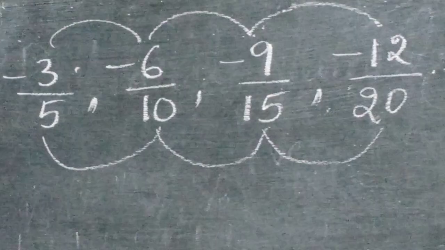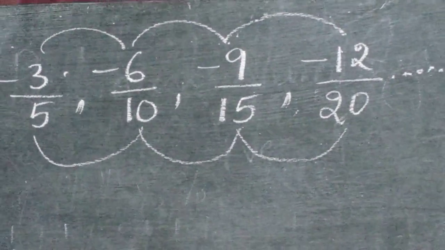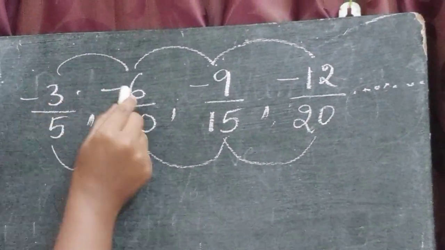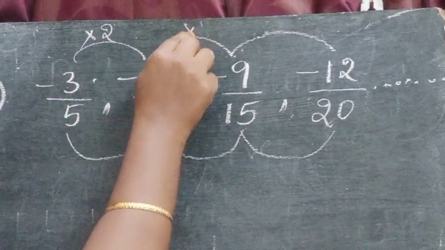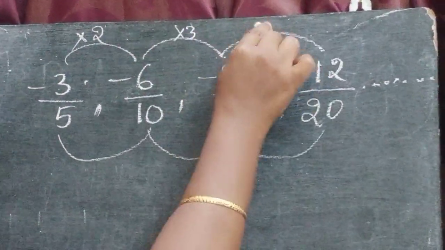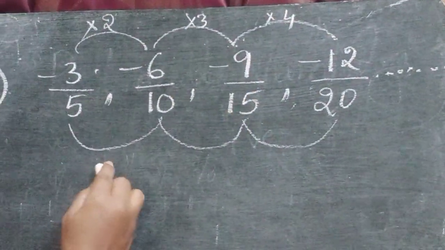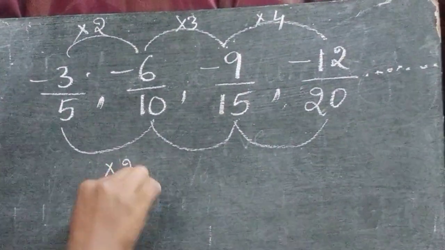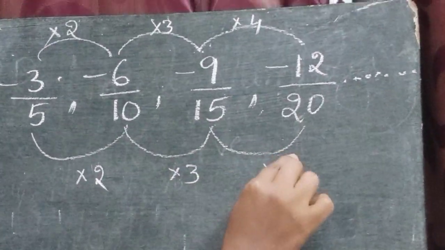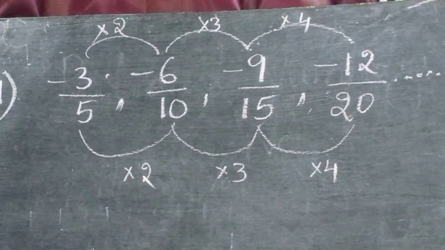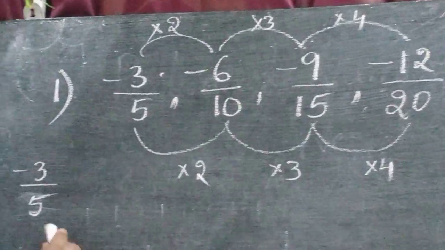If you see that, you can observe one pattern there. What is it? 3 2s are 6, 3 3s are 9, 3 4s are 12. Here 5 2s are 10, 5 3s are 15 and 5 4s are 20. Is it clear? Now you can write it.